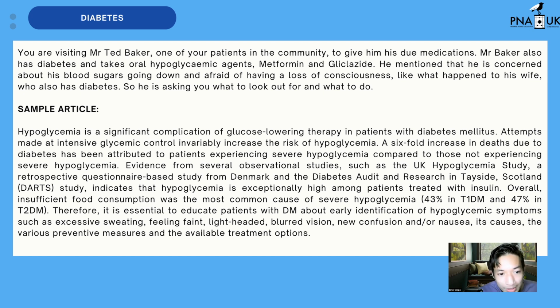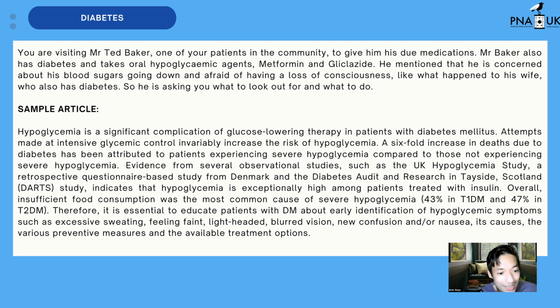It is important to educate patients with DM about early identification of hypoglycemia, the symptoms such as excessive sweating, feeling faint, lightheaded, blurred vision, new confusion, or nausea, the various preventive measures, and the available treatment options.